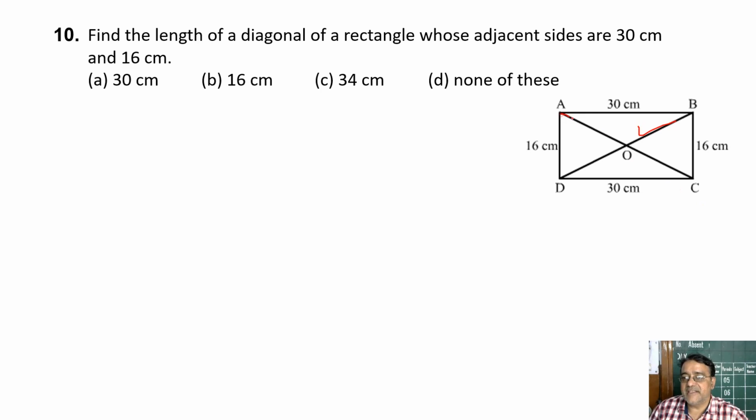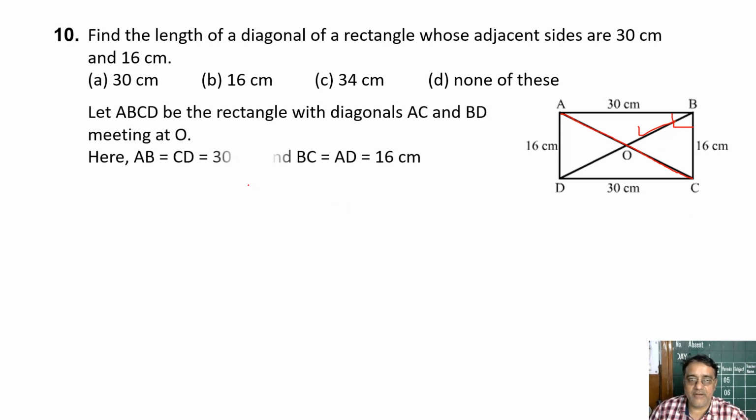So AC square will be equal to what? In this triangle, AB square plus BC square. Right. So AB is equal to CD is equal to 30 centimeters, that is the length, and these two are the breadth. Now we are going to apply the Pythagoras theorem in triangle ABC.